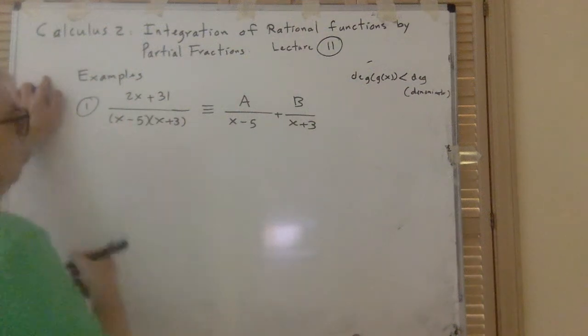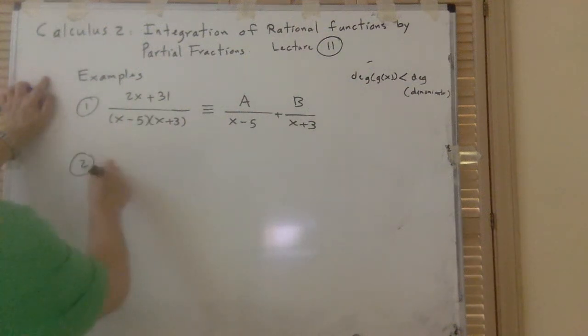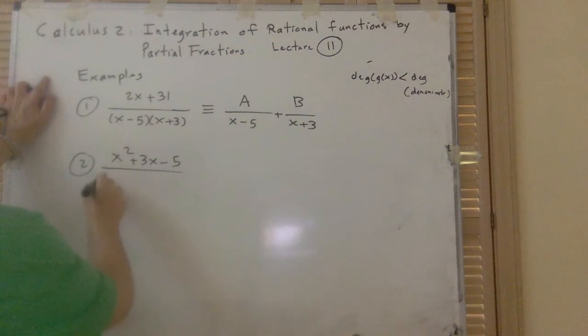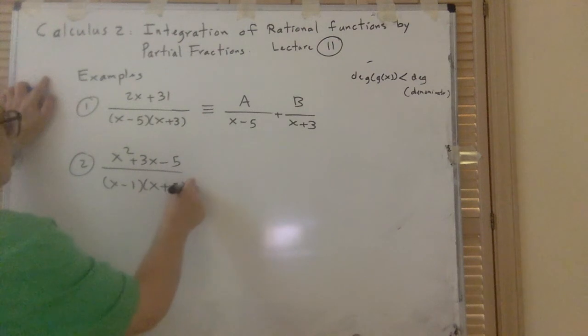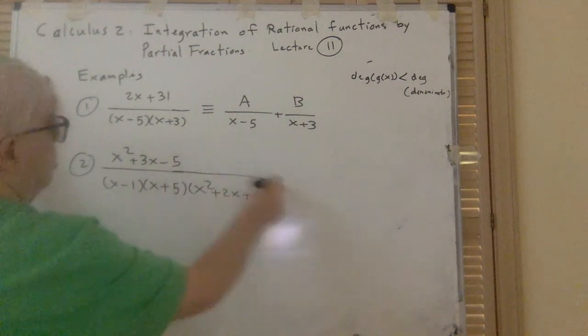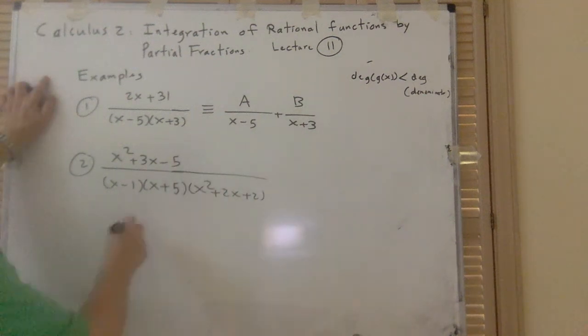So that's the simplest case. Second, let's say I have x squared plus 3x minus 5, say something, and the denominator is (x minus 1) times (x plus 5) squared times (x squared plus 2x plus 2). Remember, this was one of the examples, and it is irreducible.